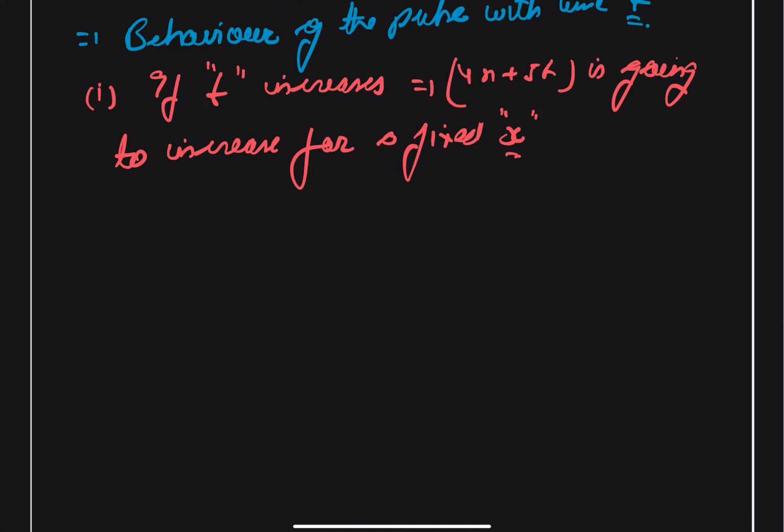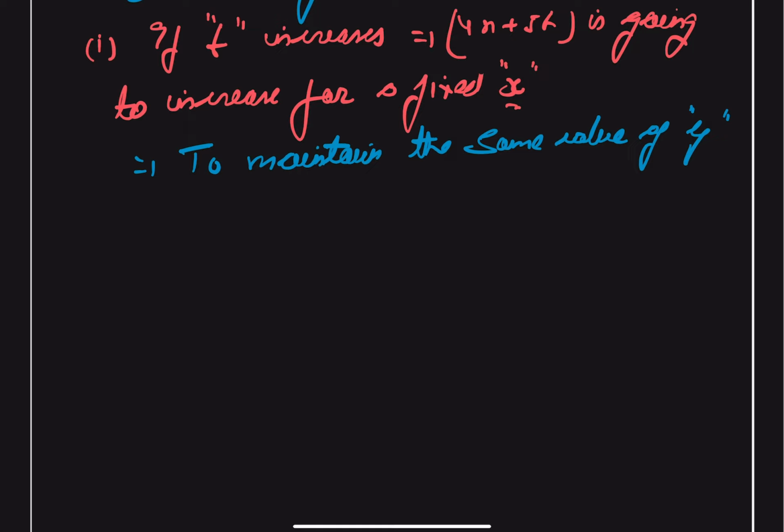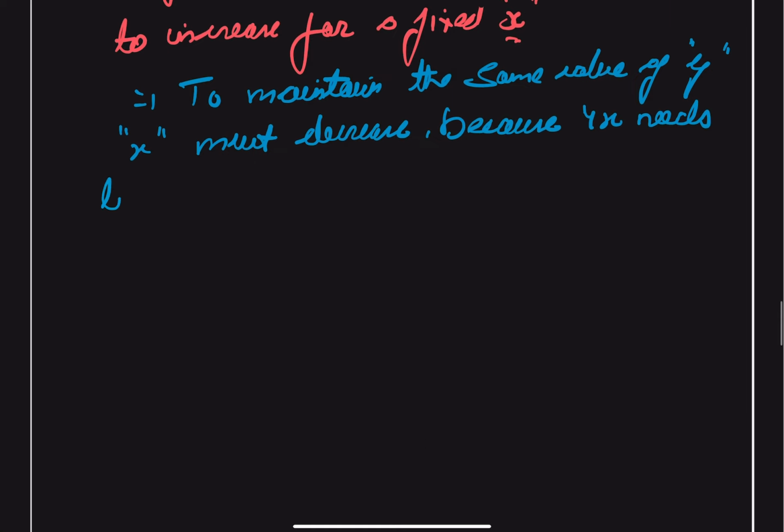So to maintain the same value of y, x must decrease, because 4x needs to offset the plus 5t.